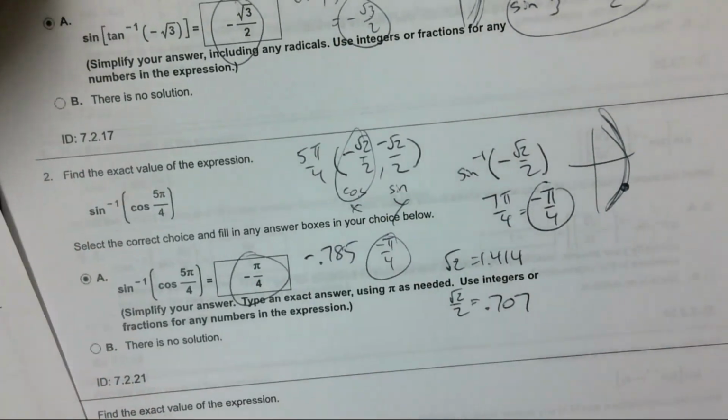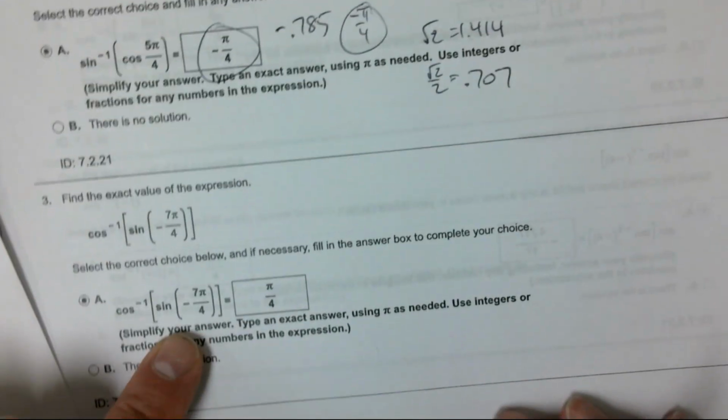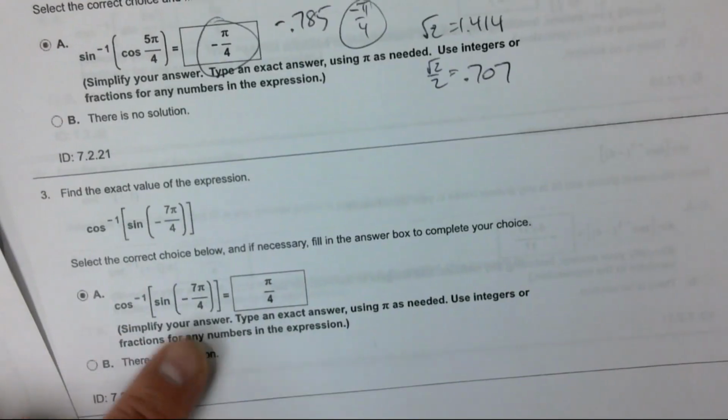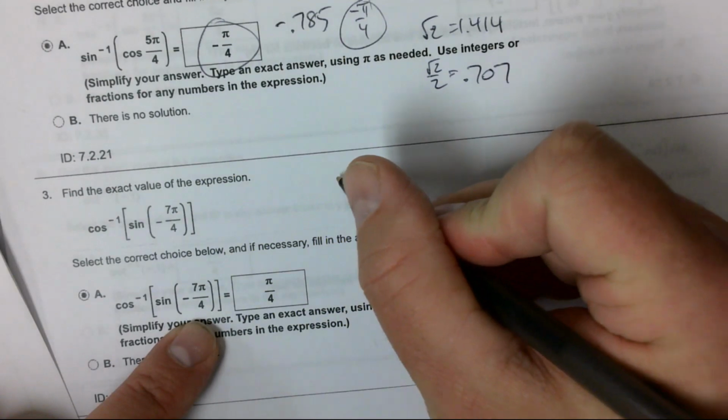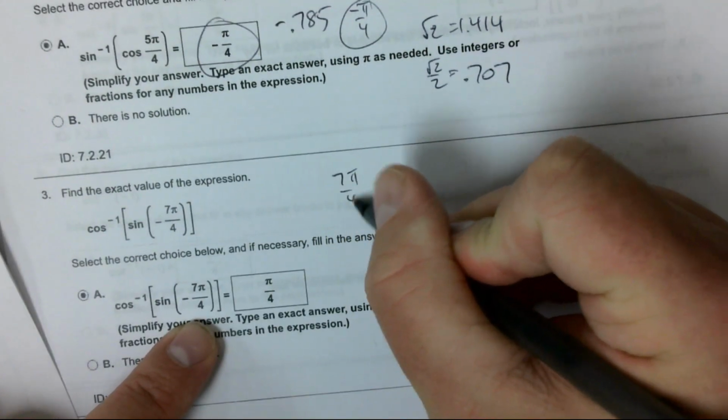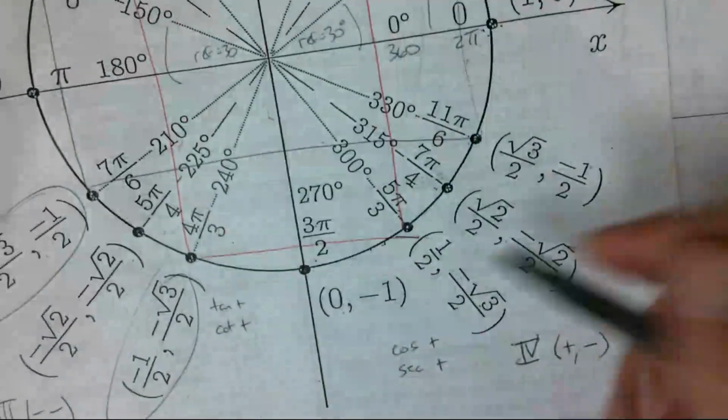Now, on this one, we need inverse cosine of sine of negative 7 pi over 4. If we go to 7 pi over 4, that's over here.